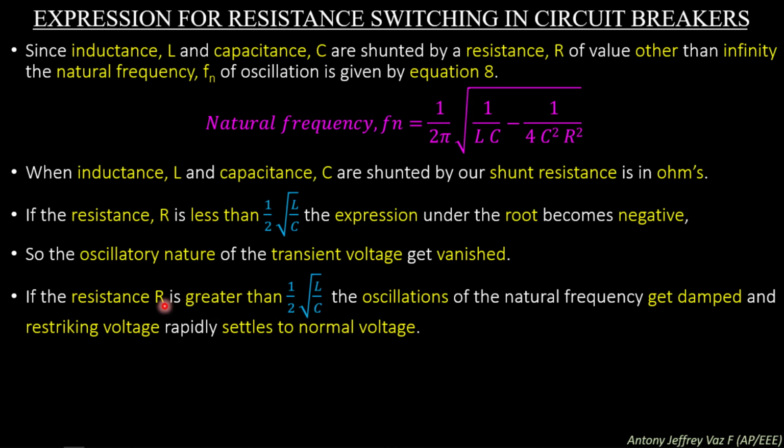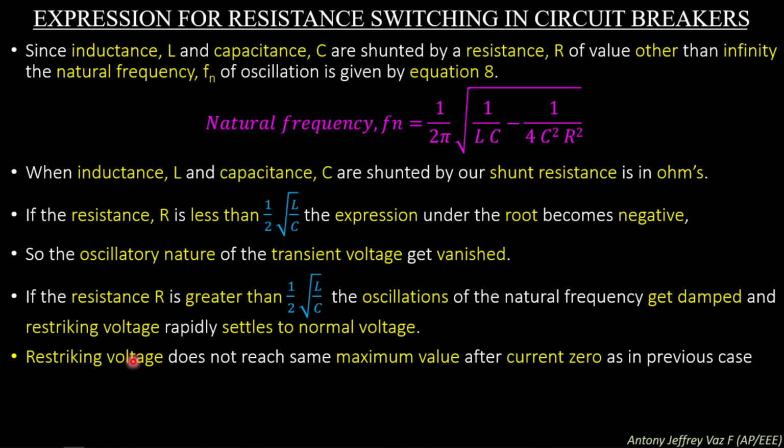So the resistance which is inserted across the circuit breaker helps us to decide the transient voltage and the restriking voltage, and also helps in deciding the damping effect in the circuit breaker. Restriking voltage does not reach the same maximum value after current zero as in the previous case.